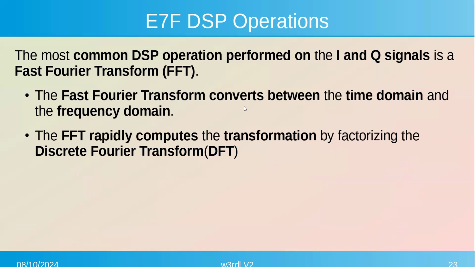One of the things that's most often performed in digital signal processing is a fast Fourier transform, where you're going to convert a waveform that's been sampled in the time domain. So every sample is a period of time. It's an amplitude versus time. You're going to convert that to the frequency domain, where you're seeing amplitude versus frequency.